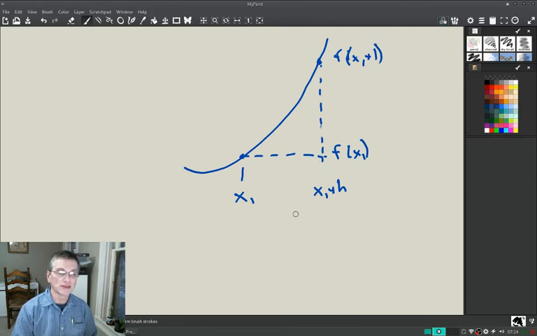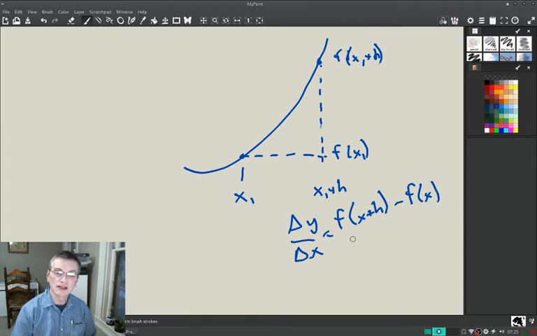All right, so our average rate of change is delta y over delta x, which is going to be these two subtracted, f of x plus h minus f of x. I've already alluded to this.